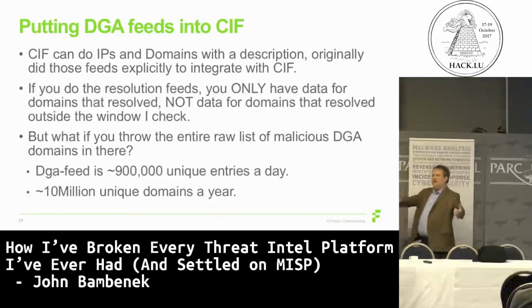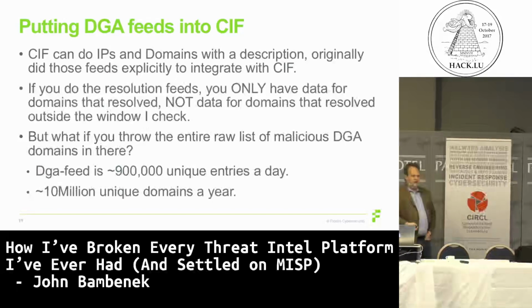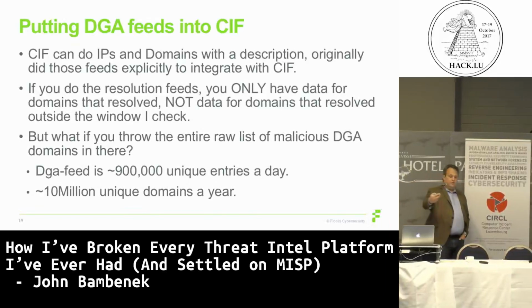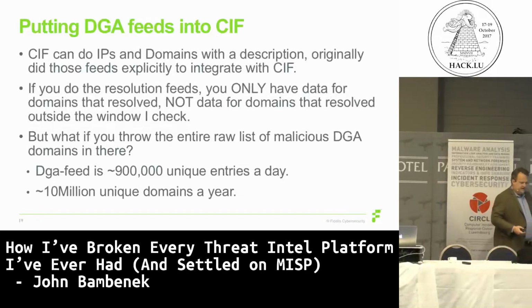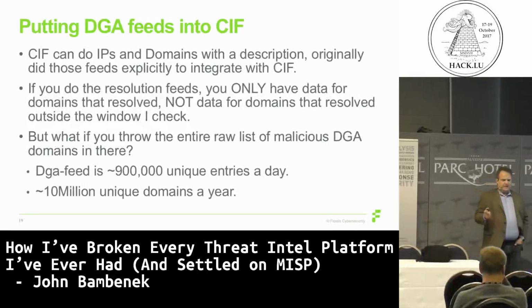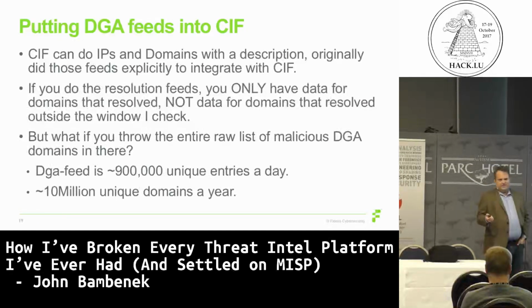So I want all the data in there, even if it's not immediately actionable outside of a response policy zone, right? If you throw that in there, the GGA feed is 900,000 domains a day. Not everything cycles on a day basis, but if you aggregate that over the course of a year, that's about 10 million domains.